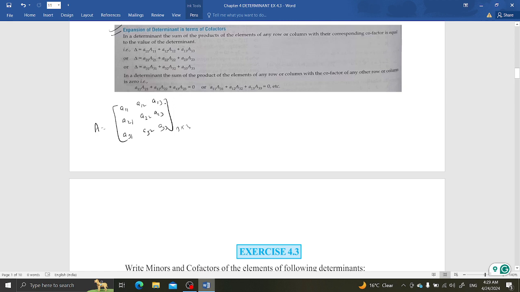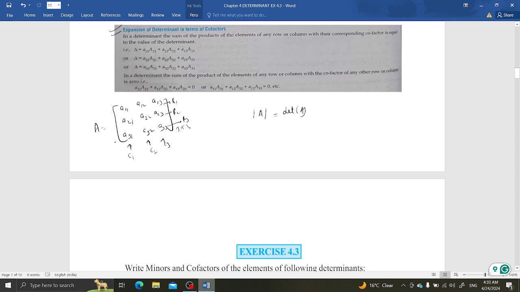This is the first row, this is the second row, and this is the third row. This is the first column, the second column, and the third column. We can denote the determinant like this, and like this also.